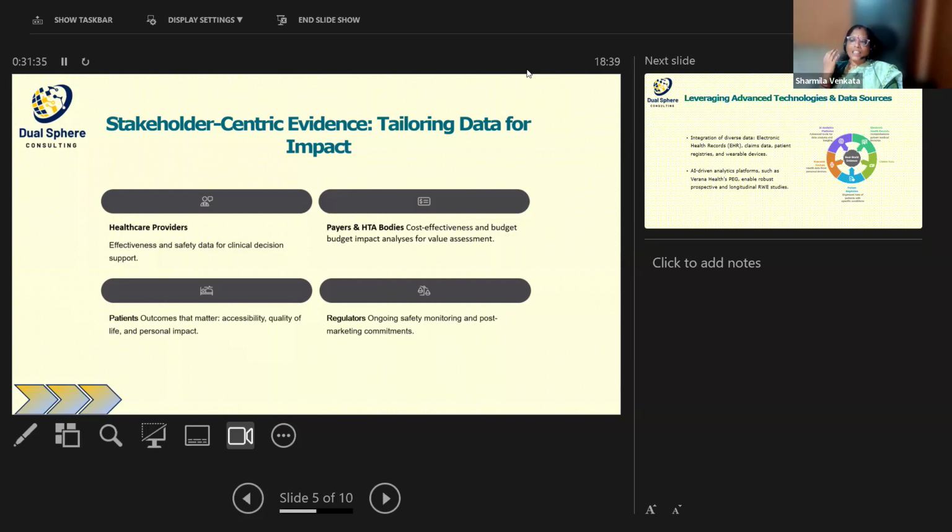That means cost. Their key question is, is this worth the cost compared to alternatives? They want cost-effectiveness analysis. So they want cost per QALY gained, budget impact models, and comparative value data.